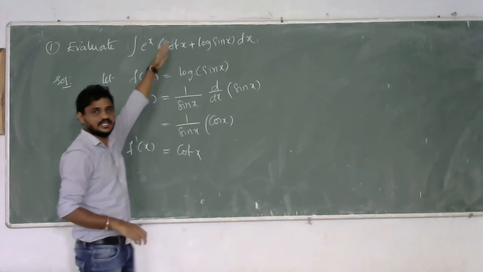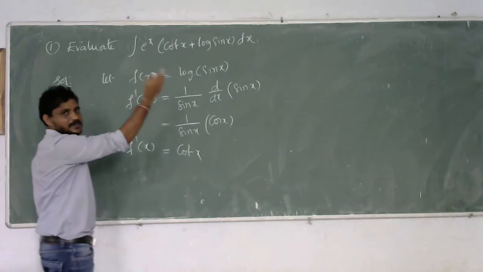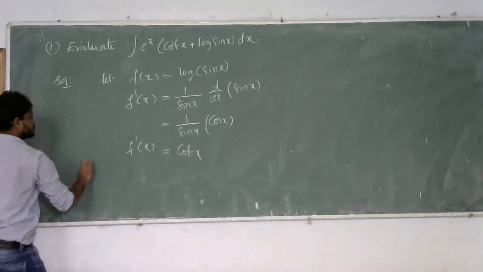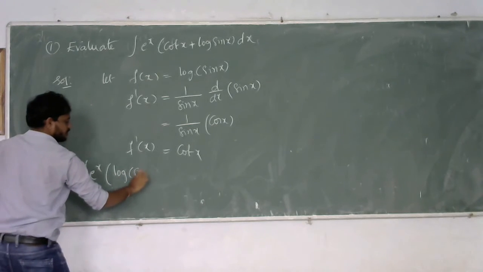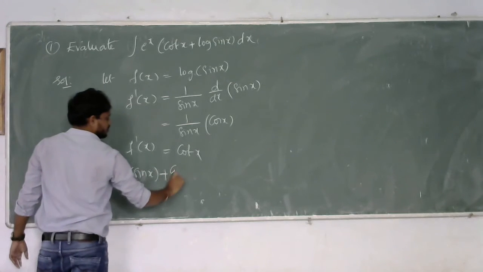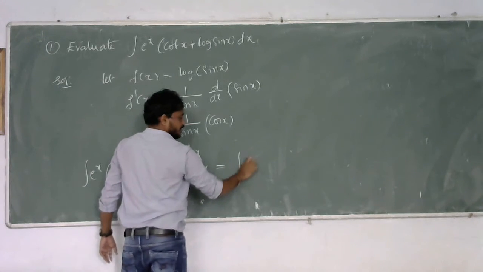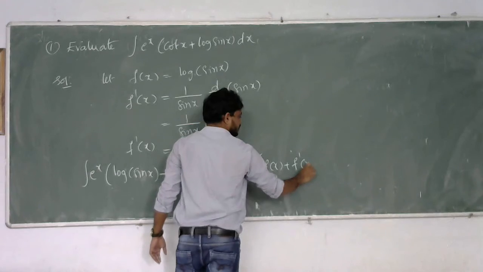That means this is f of x and this is f dash of x. So the given function is in the form of integral e power of x into f of x plus f dash of x into dx. Let us write the equation first. Integral e power of x into log sin x plus cot x into dx. This is in the form of integral e power of x into f of x plus f dash of x dx.